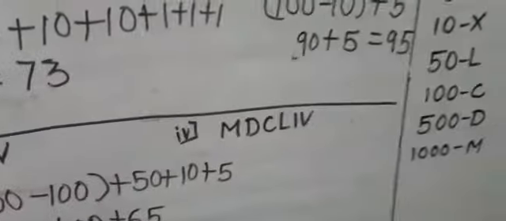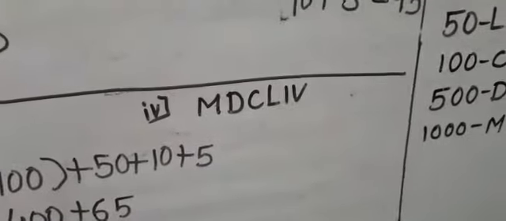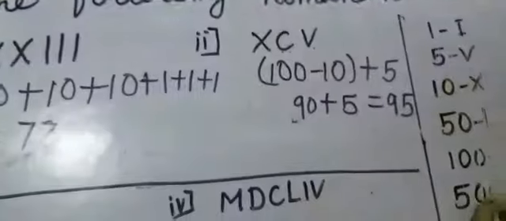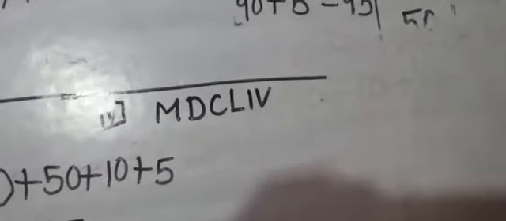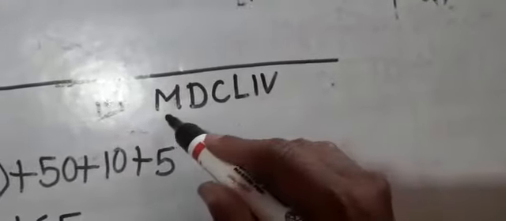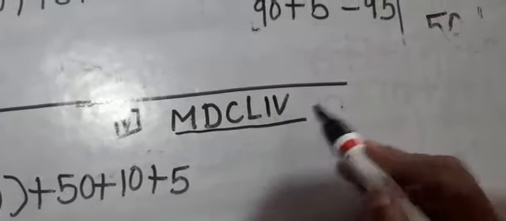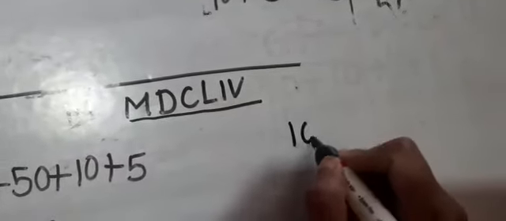Okay. Now we will see this example, MDCLIV. I don't have space, so I am going to erase some part from here. Okay, so we can do it here. As you know, the value of M, now you can see all these are in increasing order. The value of M is 1000.